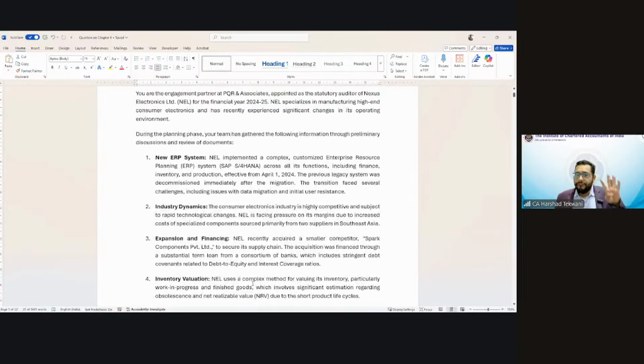You need to give me four risks of material misstatement at the financial statement level and the assertion level. See, financial statement level, pretty easy, but at the assertion level, that is very important. If you give me the example of four risks at the assertion level, risk of material misstatement, that means you understand the topic to a very good extent.